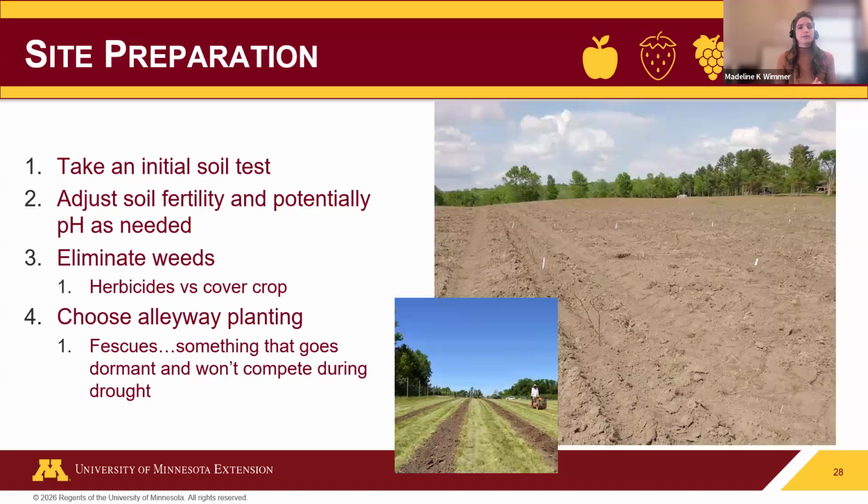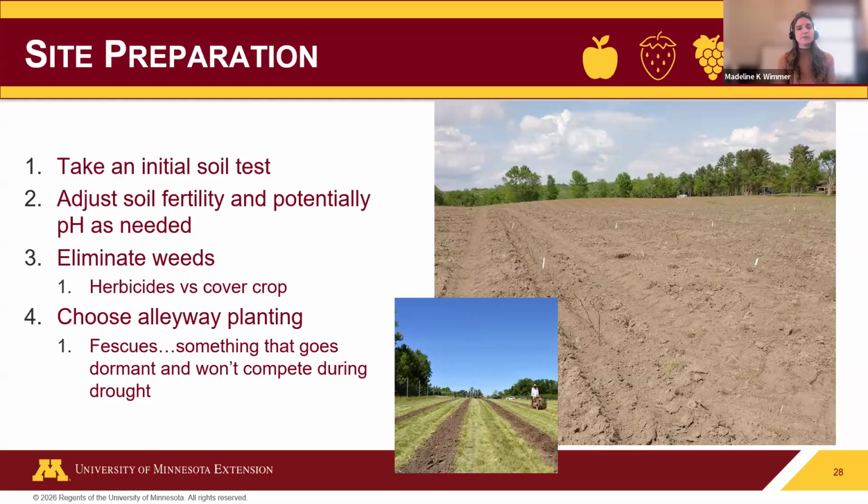We often recommend that you get a soil test of any site that you're going to be planting on. And then take time to adjust your soil fertility and potentially the pH of your soil, for example. So you might be using cover crops or other methods, potentially using herbicides to eliminate weeds.